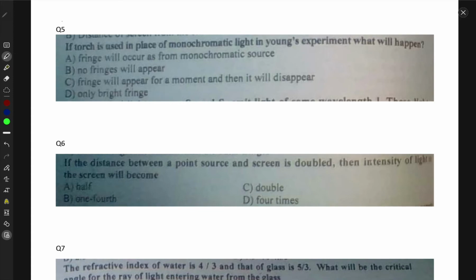But note that a torch is a source of white light. Now this white light will separate into colored fringes, right?